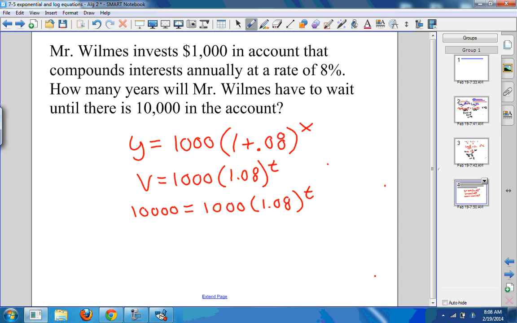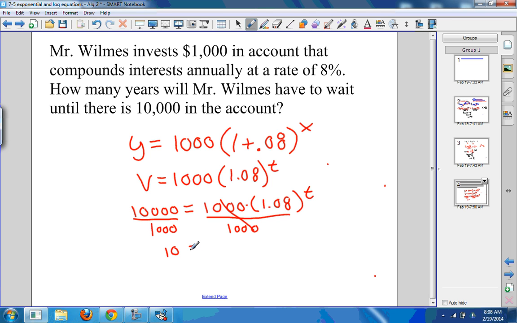So to do this, first we want to get rid of this 1,000, so we get our exponent all by itself. So this is 1,000 times this, so I can divide both sides by 1,000. And 10,000 divided by 1,000 will equal 10.